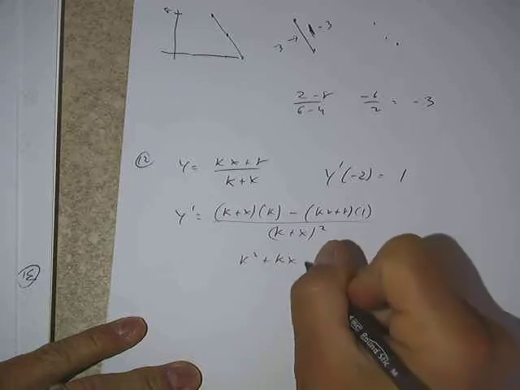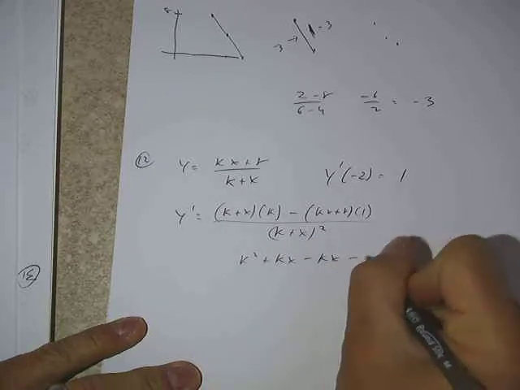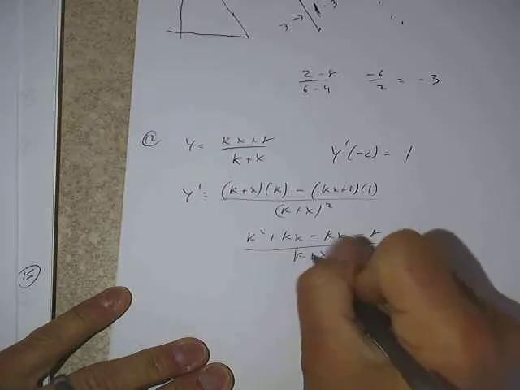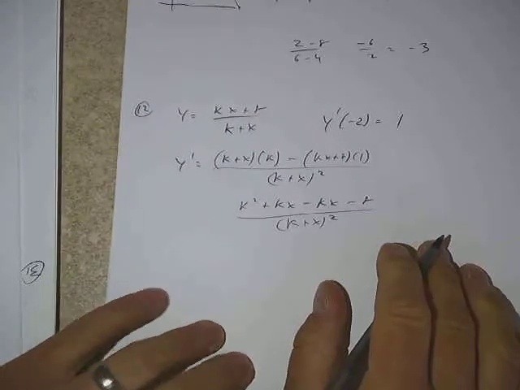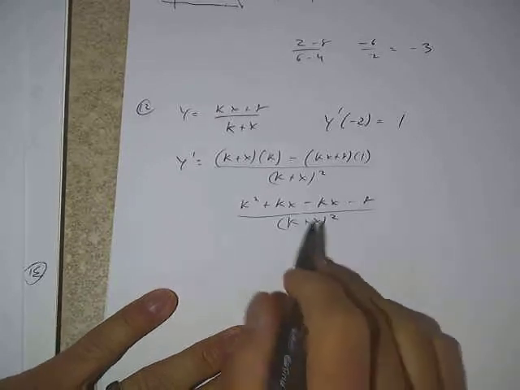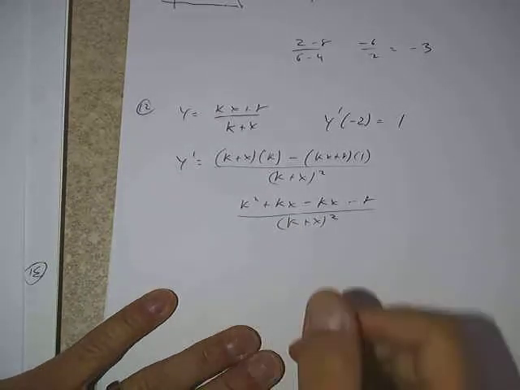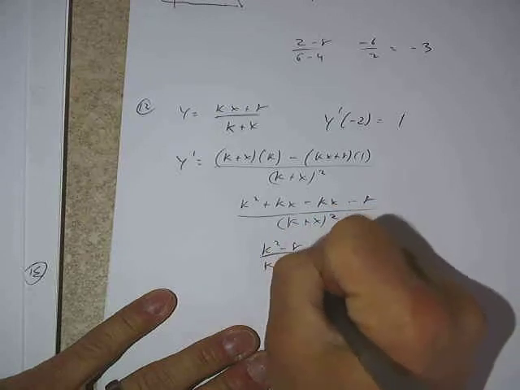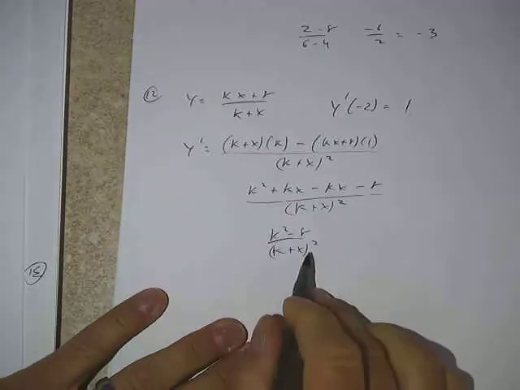So we know something about the derivative of our function at this -2 point. So if we were to find the derivative of this, our y prime would be, if I do k plus x, the bottom, times the derivative of the top, which would just be k, minus the top, kx plus 8, times the derivative of the bottom, which would just be 1. All over k plus x all squared.